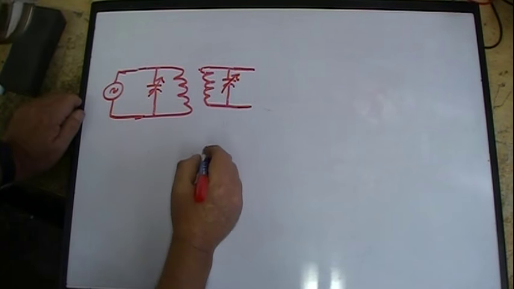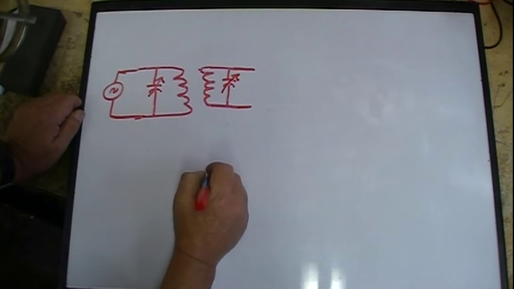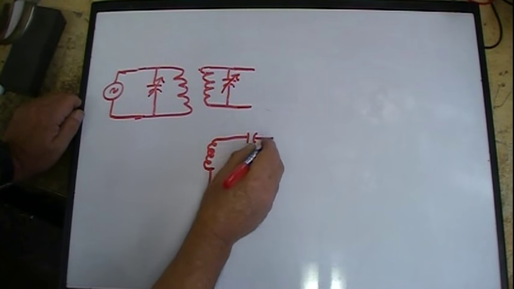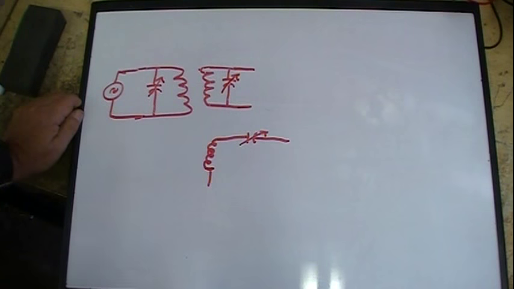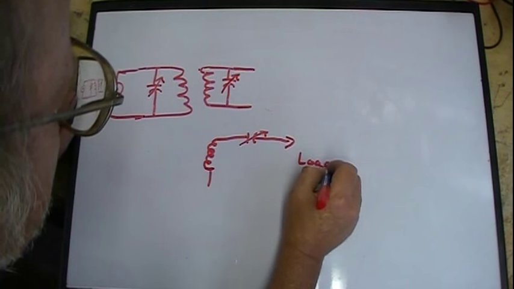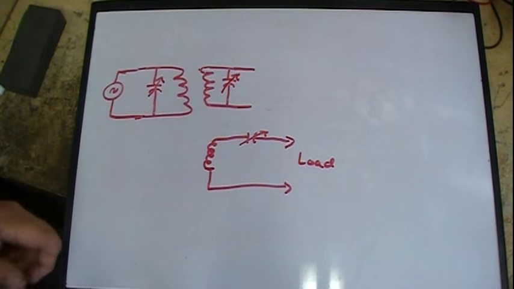So this can be redrawn more or less like a coil with a capacitor, and then this will feed out to my load. We'll just say load, and that feeds to our load.